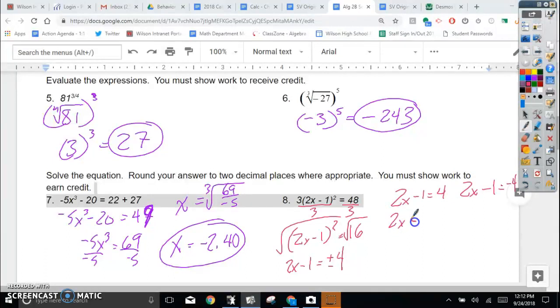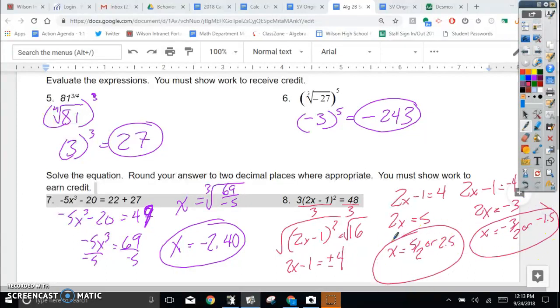So this would be 2x equals 5. So x is going to be 5 over 2, or 2.5. So it'll be 2x equals negative 3. So that'll be negative 3 over 2, or negative 1.5. All right, so 2.5 and negative 1.5, and negative 2.40 for 7.